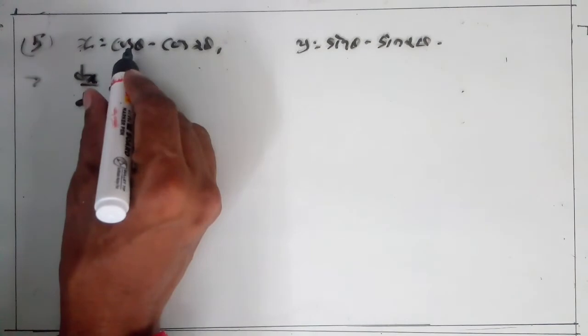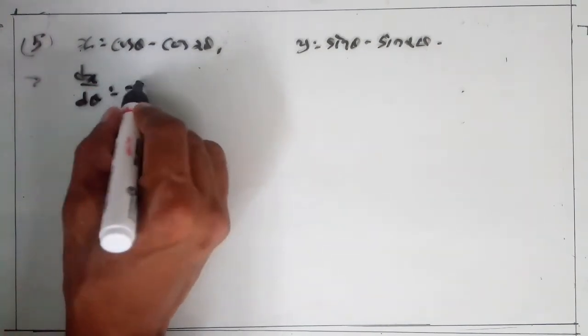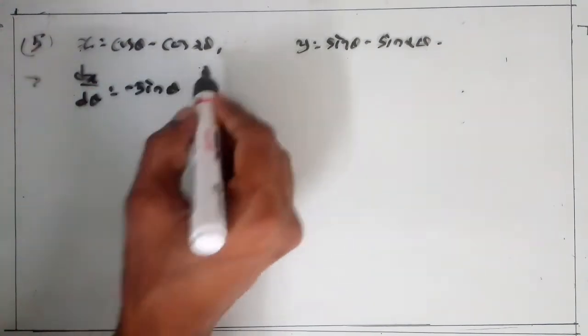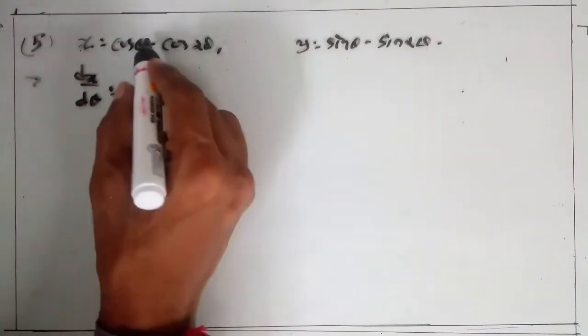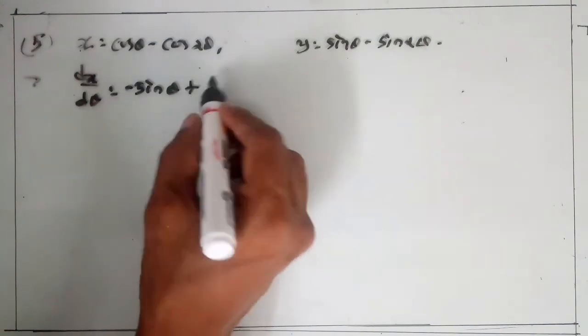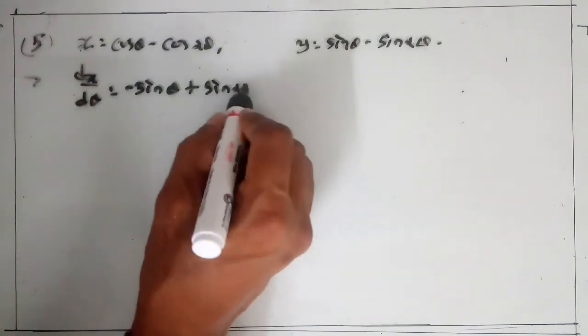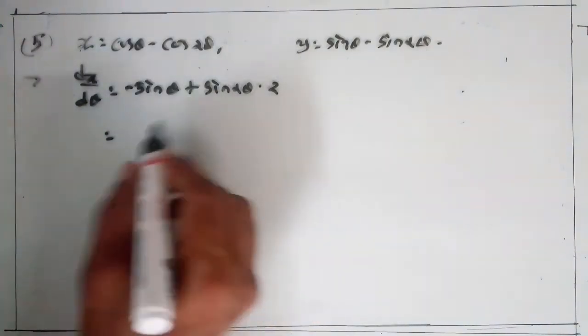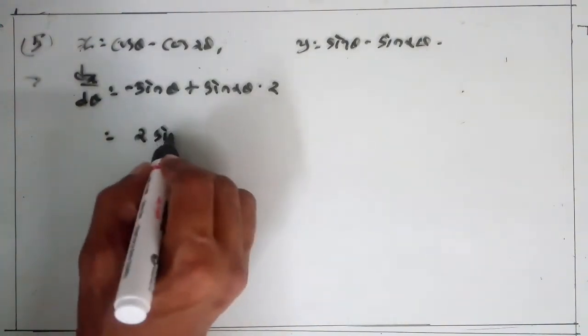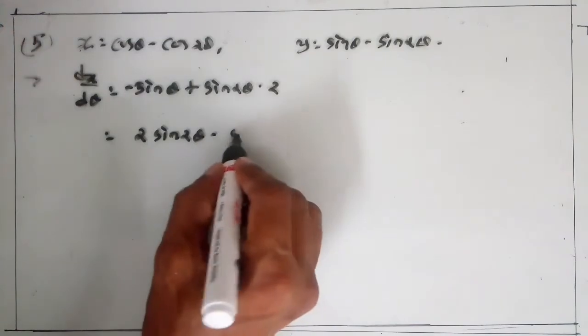Here the derivative of cos theta is minus sin theta, cos 2 theta is minus sin 2 theta, and minus minus becomes plus, sin 2 theta into the derivative of 2 theta, which is 2. So it is equal to, now arrange terms, 2 sin 2 theta minus sin theta.